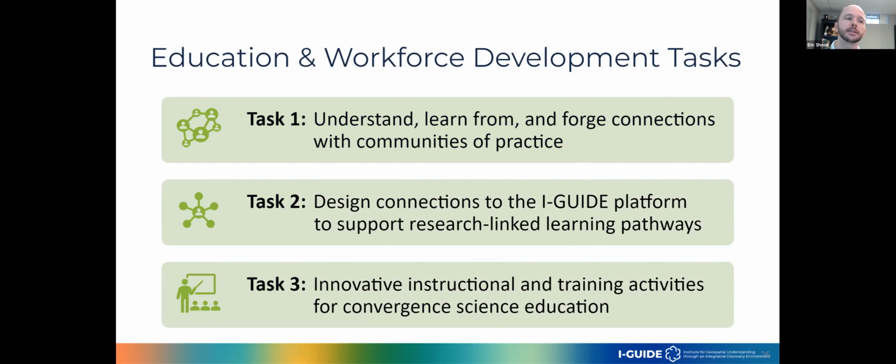Another big task is to design connections to the iGuide platform that Shaowen talked about. And this is to support research-linked learning pathways. So the whole purpose of this is to get learners.